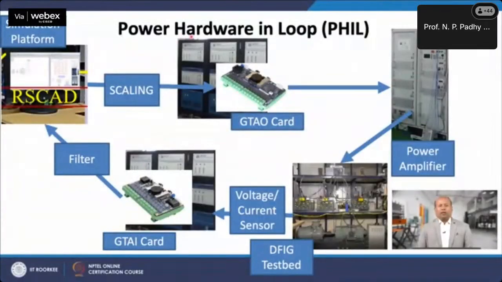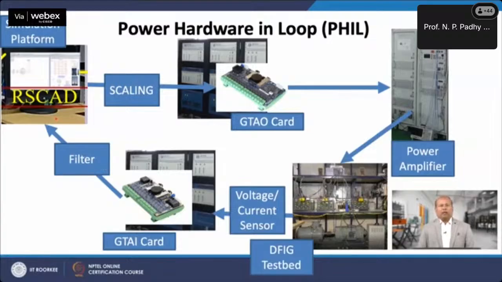In this module, we will discuss the very detailed explanation of power hardware in loop experimentation. The power hardware in loop, popularly known as PHIL testing, involves connecting real power hardware to the simulated network in a closed loop.